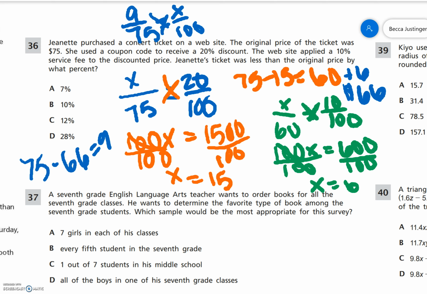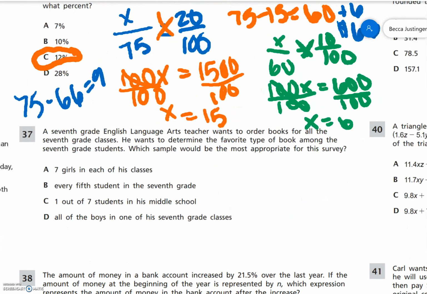So cross multiply. 9 times 100 is 900. 75 times x is 75x. Divide both sides by 75. So x equals 12%.